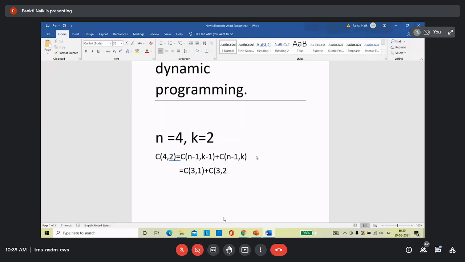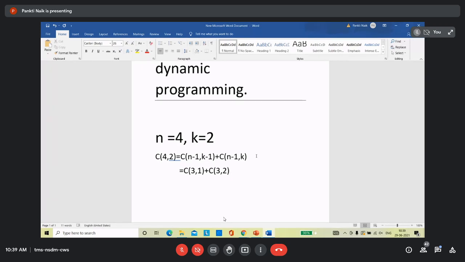Yes, 3 comma 2, right? So now what do we have? C(3, 1) plus C(3, 2). So these are the two sub-problems or sub-instances of C(4, 2), which are unknown, because we don't have the values of C(3, 1) and C(3, 2).